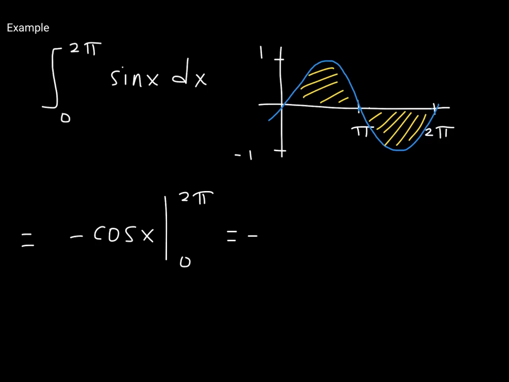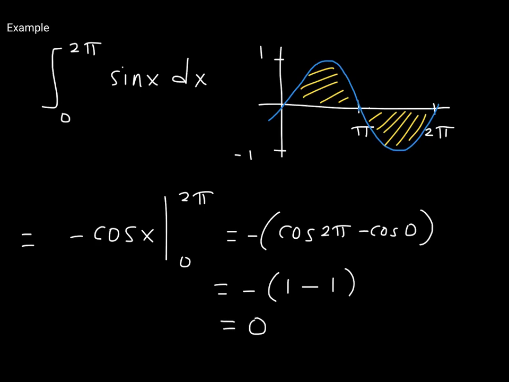Then this is negative, and it is cosine of 2 pi minus cosine of 0. Cosine of 2 pi is 1. Cosine of 0 is 1. So then this is 0, exactly as we would have expected, right?